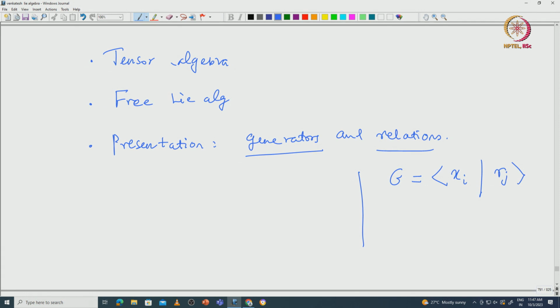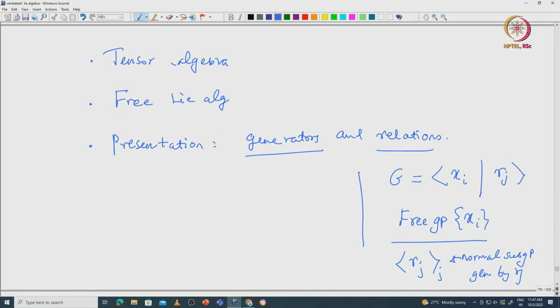It means you take the free group generated by these xi's, and inside this you take the normal subgroup generated by the rj's. If you take this quotient, it must be isomorphic to G. That is the meaning of a group being generated by some set of generators modulo some set of relations.